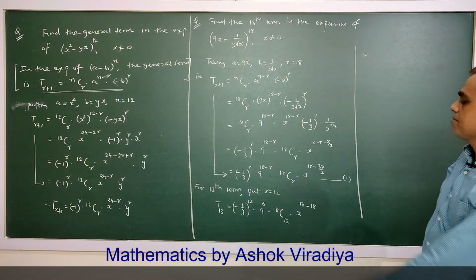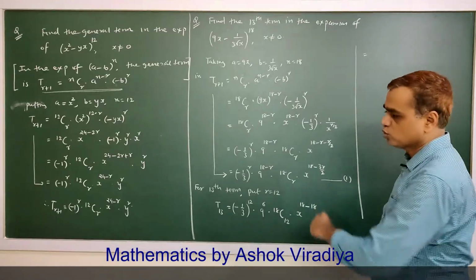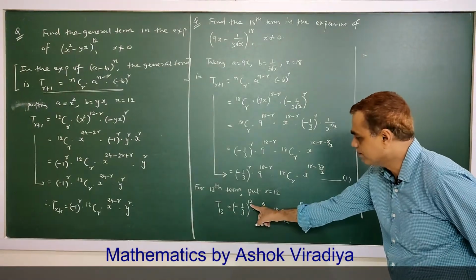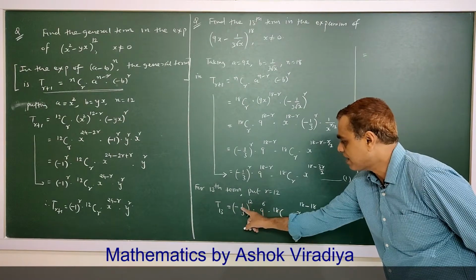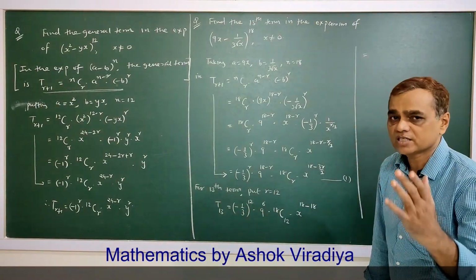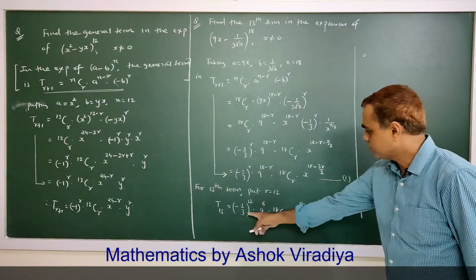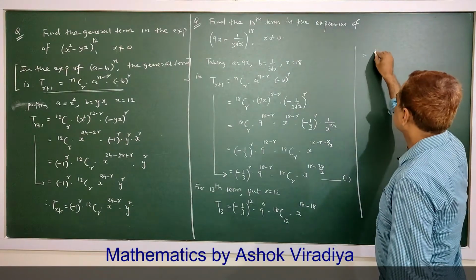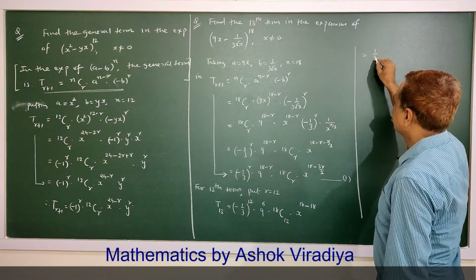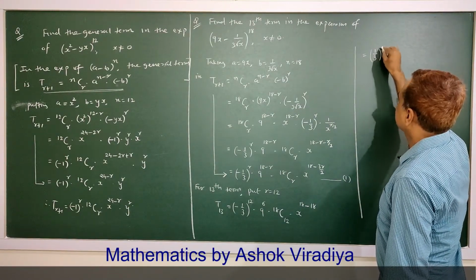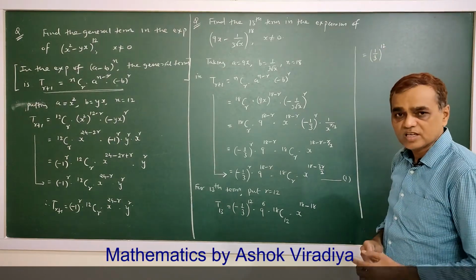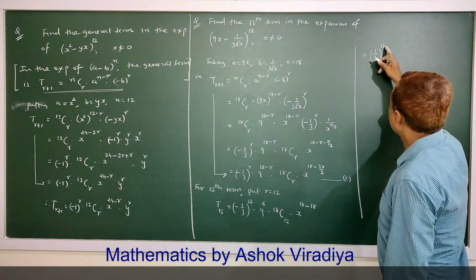now minus 1 by 3 raised to 12, because an even power of any negative number is always positive. So this can also be expressed as 1 by 3 raised to 12.